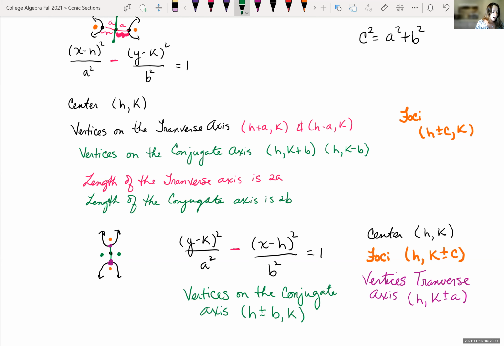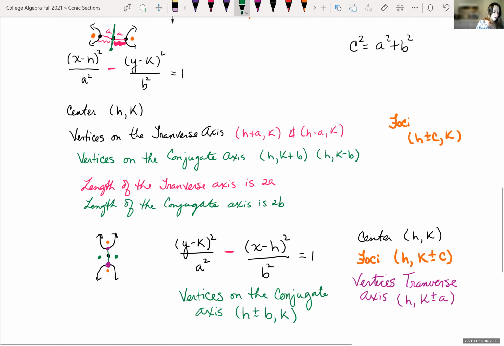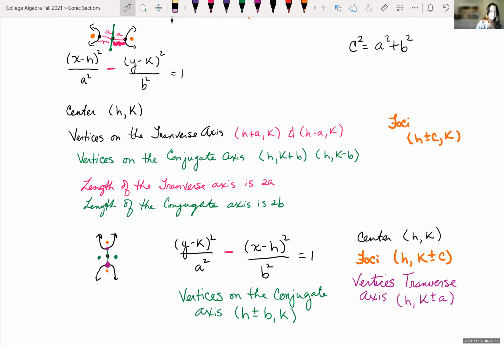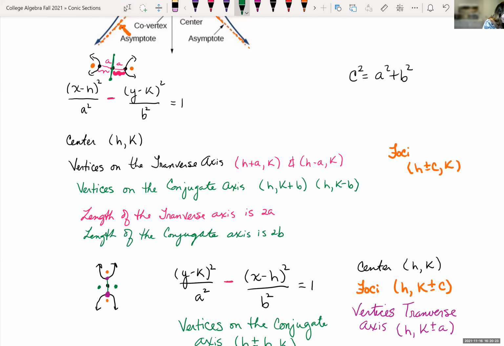So before, how I had done this, I had told you, okay, when we make this transverse axis and the conjugate axis, what we're doing is we're creating this box. And so we're going to go out the same length as the transverse axis, the same height as the conjugate axis.